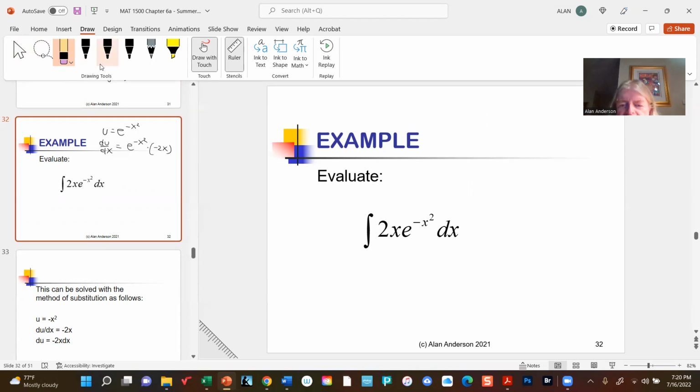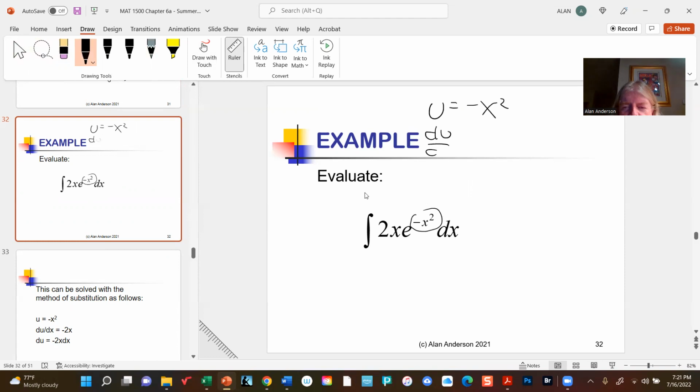Let's try setting u equal to the exponent. That might work. And then du would be minus 2x dx, but we don't exactly have that. We have 2x dx, but not negative.